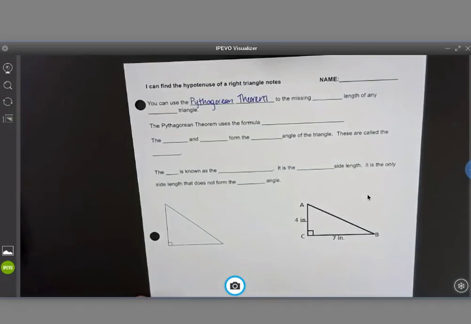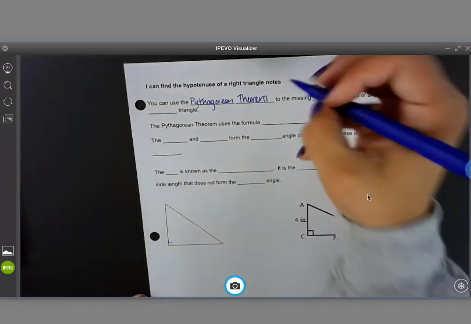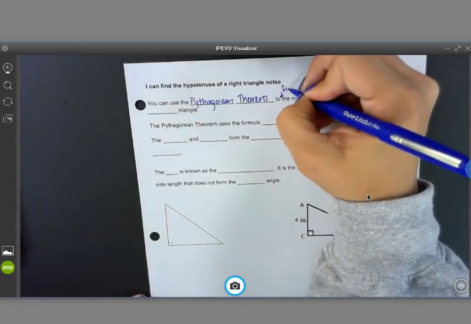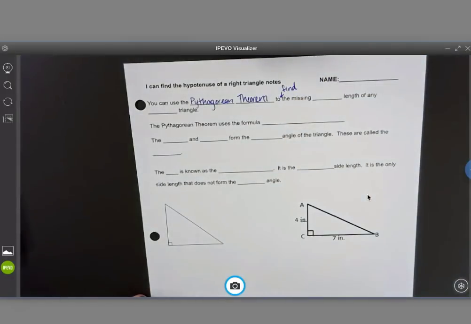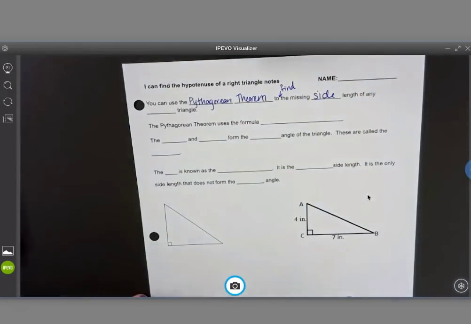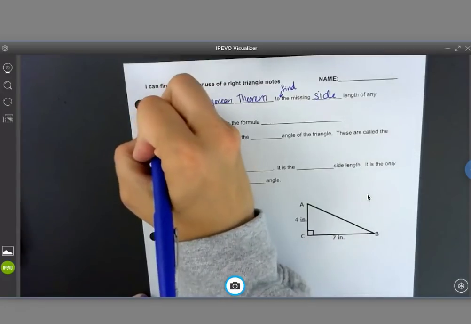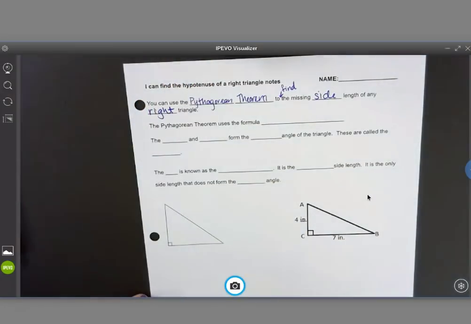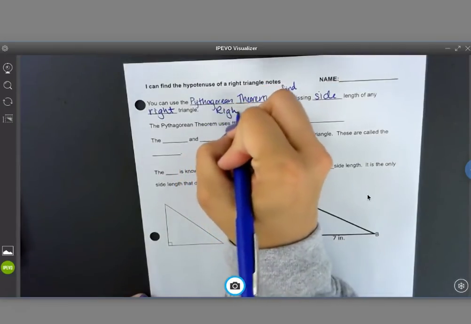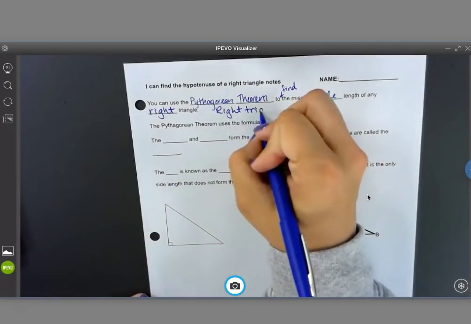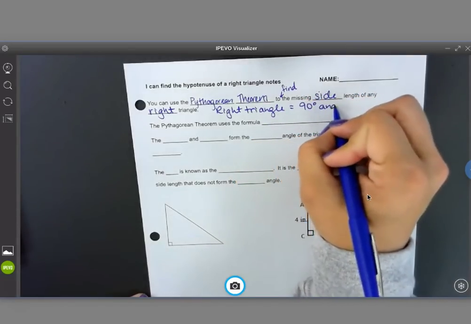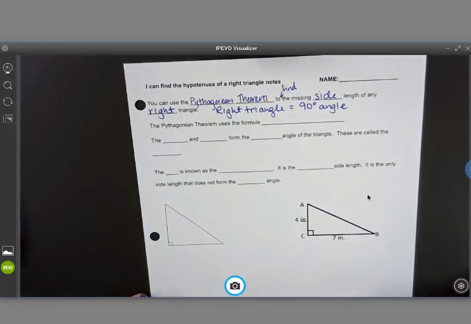So you can use the Pythagorean theorem to, and I forgot a word here, it should say to find the missing side length of any right triangle. Hopefully you recall that a right triangle has a 90-degree angle. Okay.